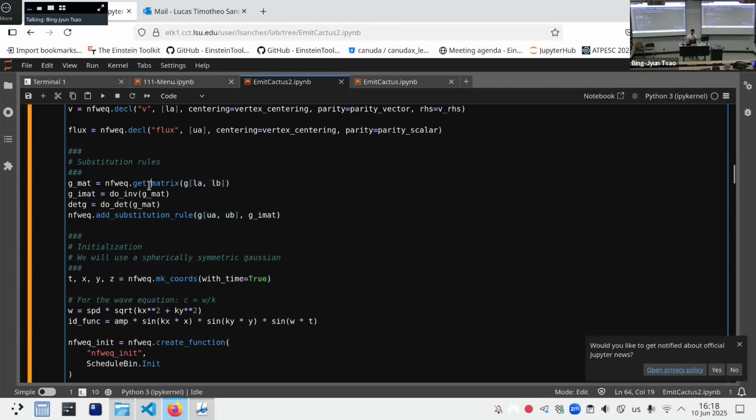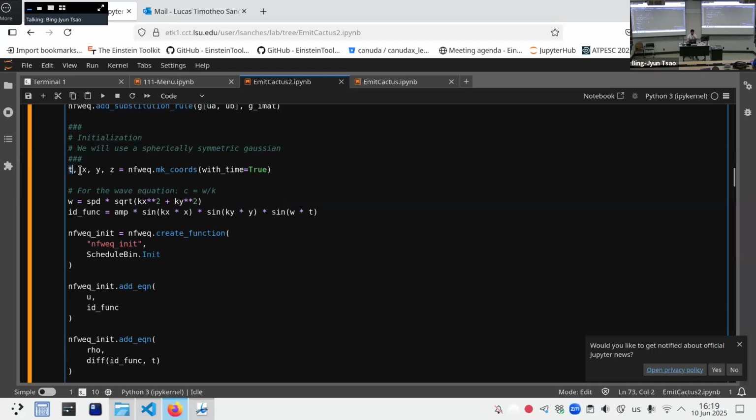So what we're doing here is saying, please expand this into a matrix-like object, and then please compute the inverse of this matrix-like object, and also give me the determinant of this matrix-like object and store it in these variables, and make a substitution rule that says whenever you see this, just substitute that by the inverse matrix that I just computed. So this is the way that we get G lower index and upper index.